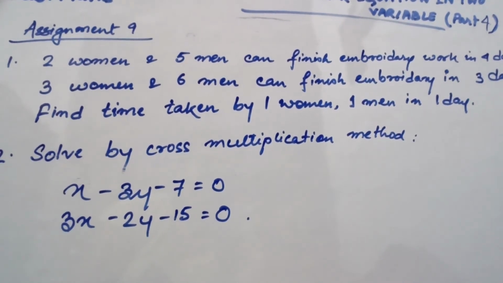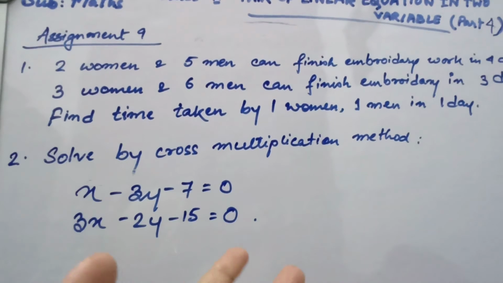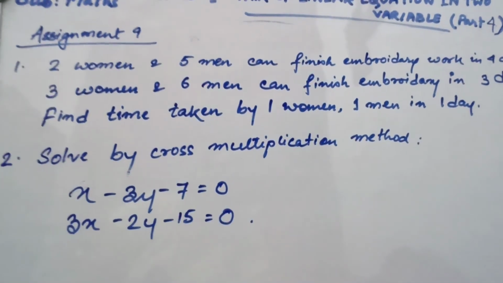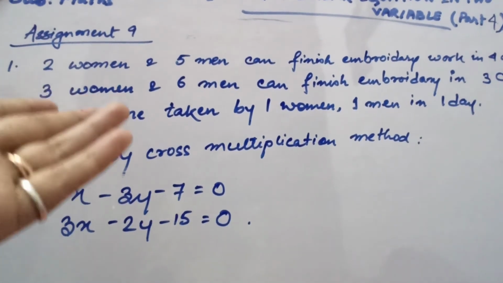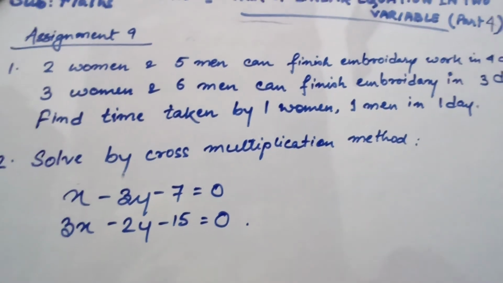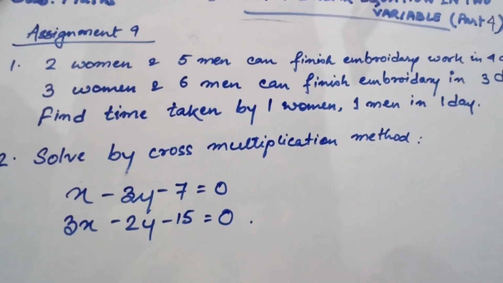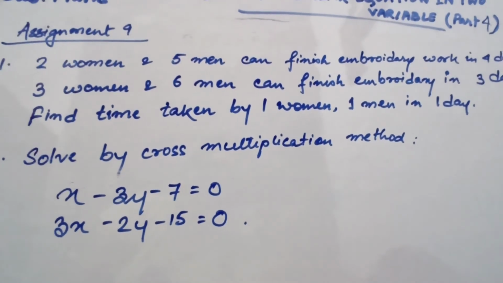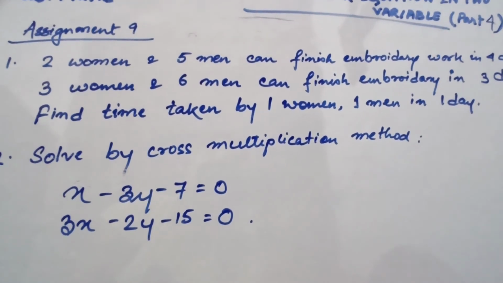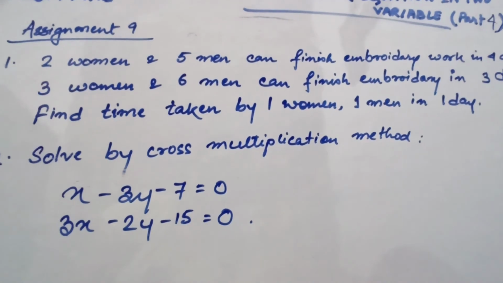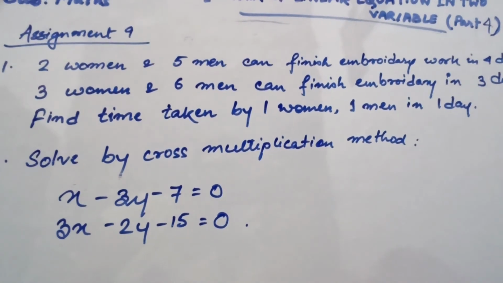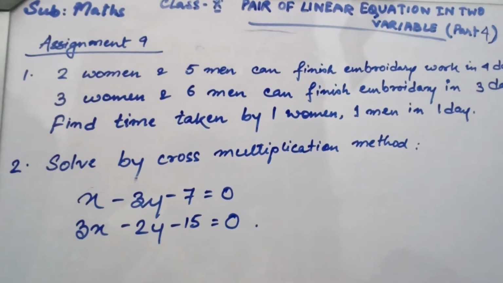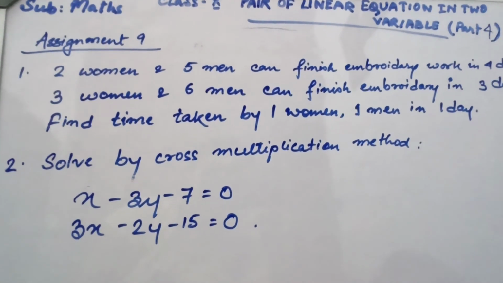Similarly for the men you will also do, and you will frame the equations and solve. And as you know, you have done work and time sums previously. So as you have got this in the denominator portion, you have to use that reducible form of the equation and solve.